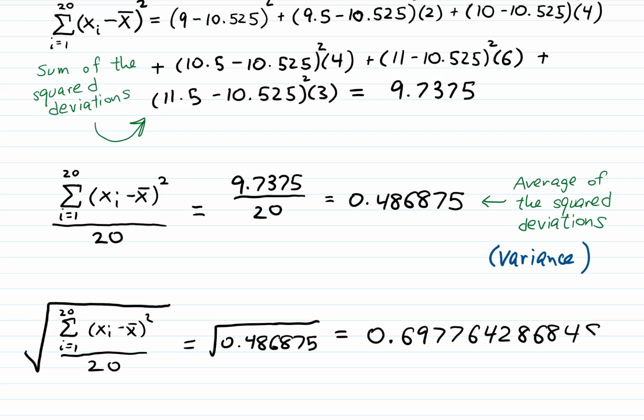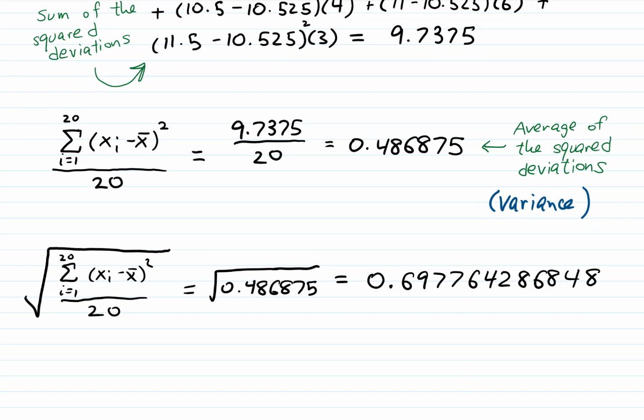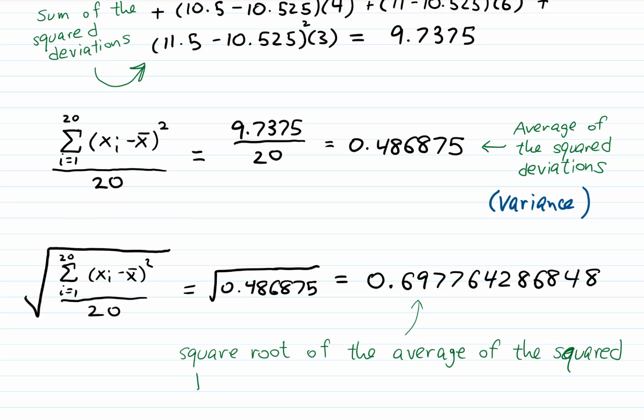Okay, so that is the square root of the average of the squared deviations, which is the square root of the variance.